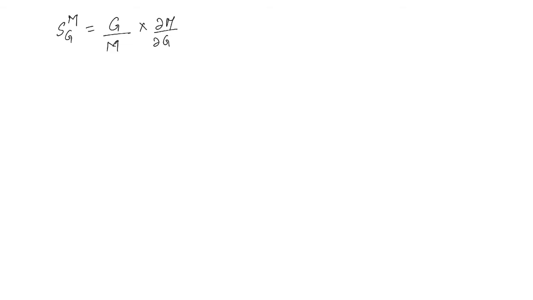So we got sensitivity of M with respect to G is given by G by M into ∂M by ∂G. This will be equal to G by, what is the transfer function of a negative feedback system, it is G by 1 plus GH, into ∂/∂G of G by 1 plus GH.